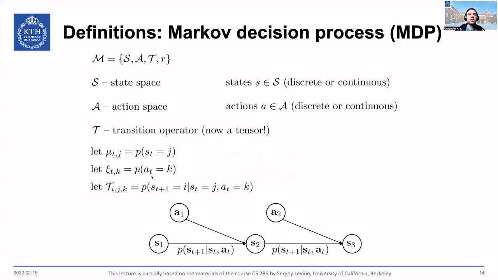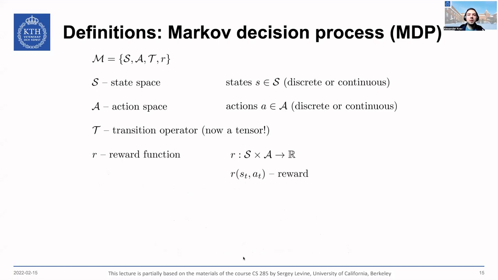Then we can define a tensor element T_ijk, which defines the probability that if we are at time t in a state j, and we take an action k at time t, then on the next time step, t+1, we end up in the state i. And again, here in addition to the state chain, we also have the actions. And now the transition probability depends not only on the state, but also on the action that we take at time t.